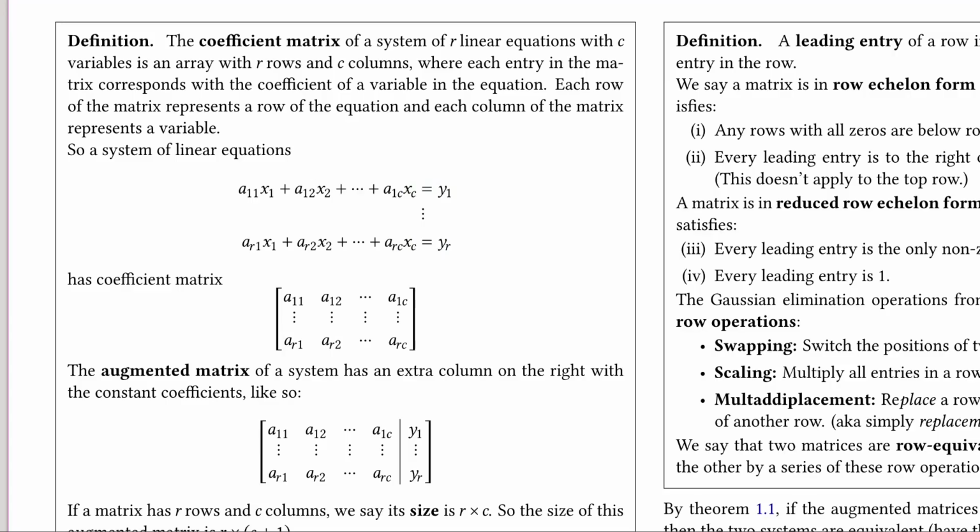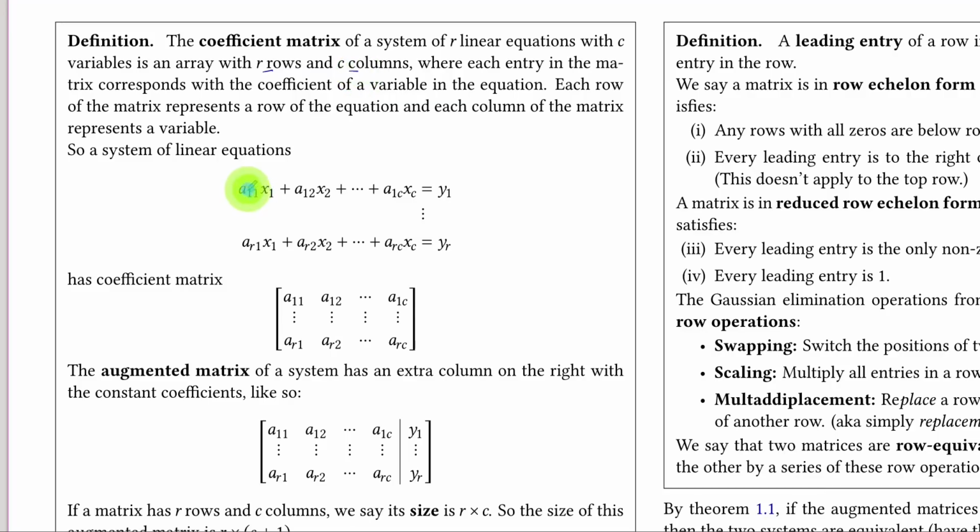So that's what a coefficient matrix does. If we have a system of r linear equations with c variables, it is an array. Array just sort of means a grid of numbers with r rows and c columns. By the way, that's why I'm choosing the letters r and c, because it goes with rows and columns, where each entry in the coefficient matrix corresponds with a coefficient of a variable in the equation.